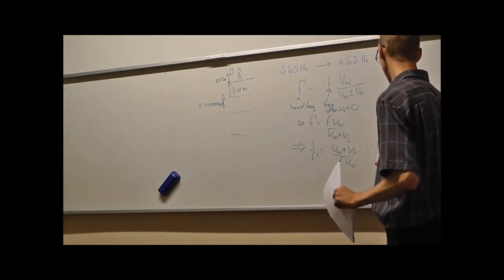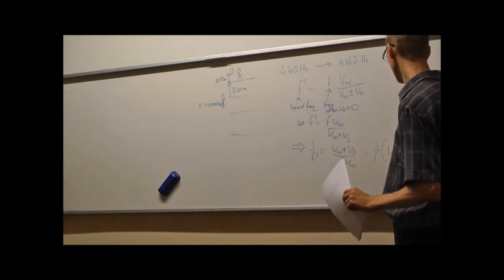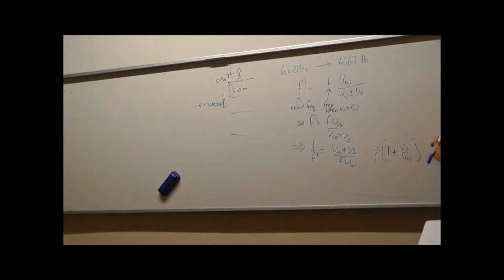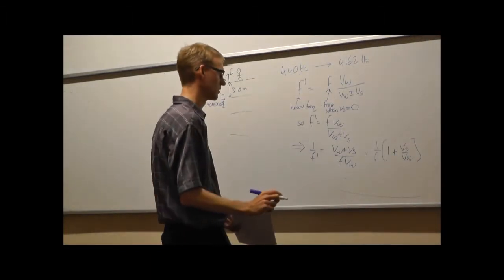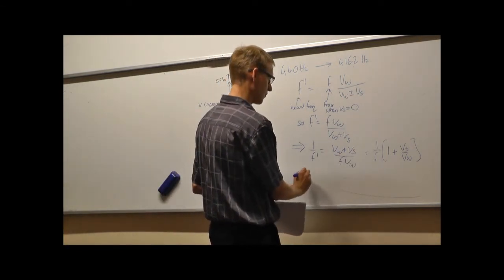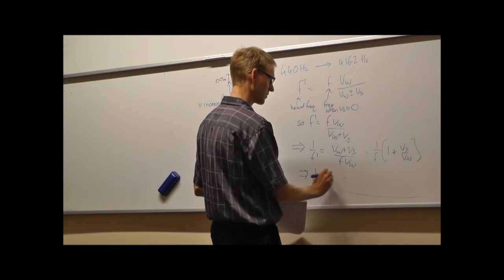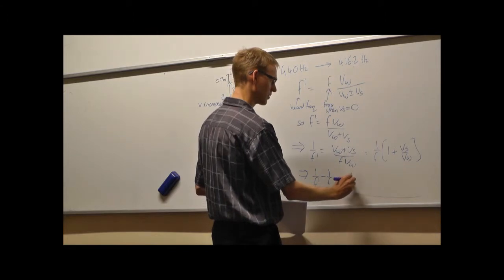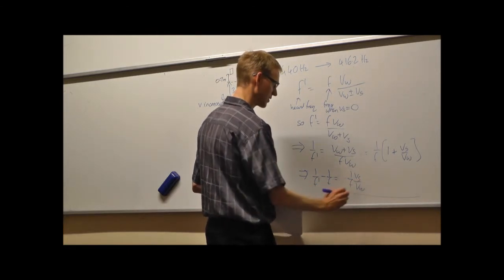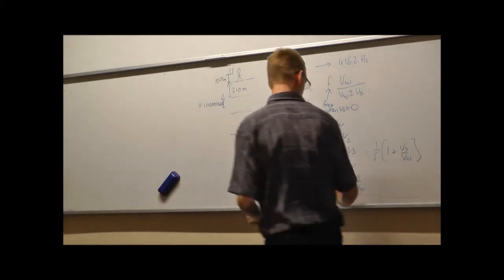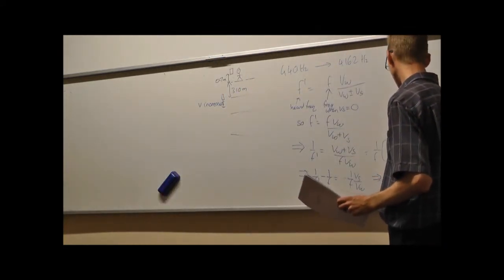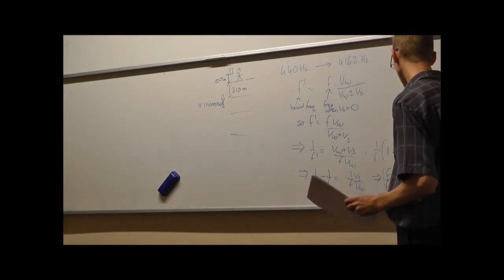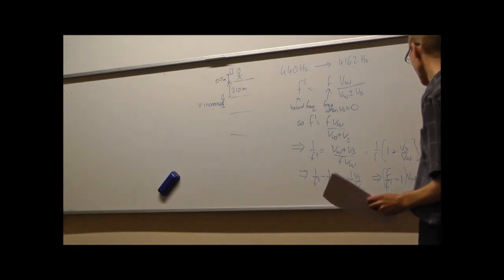So that's equal to 1 over F times Vw over Vw, which is 1 plus Vs over Vw. Therefore, 1 over F prime, take 1 over F, getting rid of that bit, equals Vs over F Vw. To find Vs, multiply by F, multiply by Vw. So F over F prime, take 1, all times Vw equals Vs.